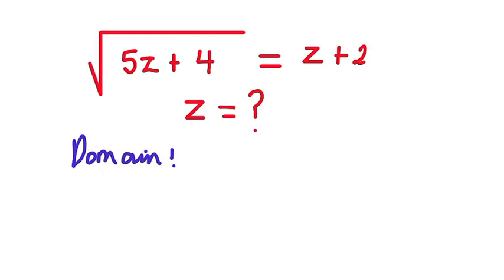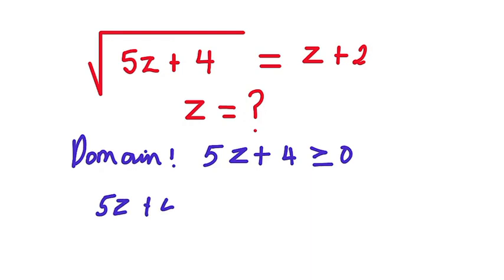I have this function under this radical sign, that is 5z plus 4, which must be greater than or equal to 0. So let's see the possible values of z we can have. We have 5z plus 4 greater than or equal to 0.